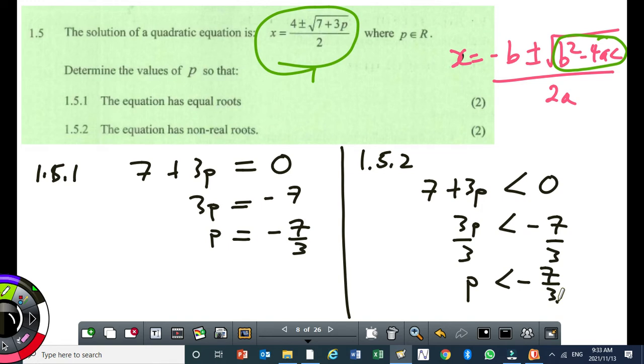Now, since you're at grade level, you don't have to represent that on a number line, right? Okay. The number line stopped in grade 10. So that's your nature of roots. Now, be aware that the concept of nature of roots has good applications.